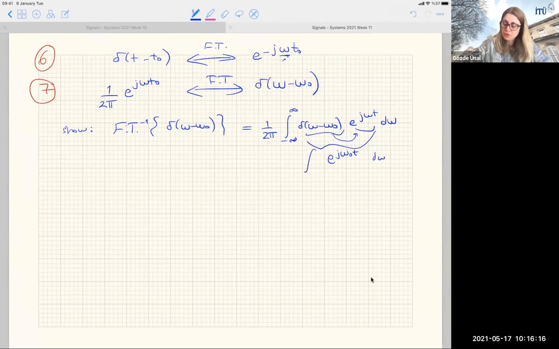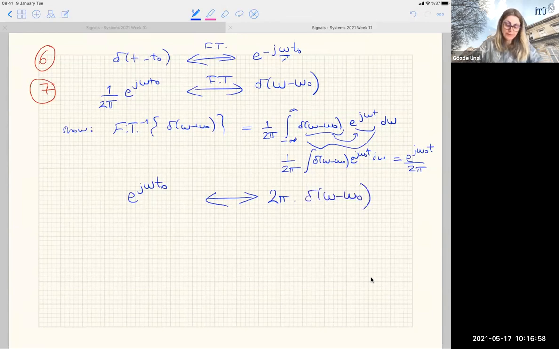There is 1 over 2 pi, of course. That's good. From here, you guys can recall then that a complex exponential in time will be 2 pi times a delta in frequency. Maybe you can remember it in this way.